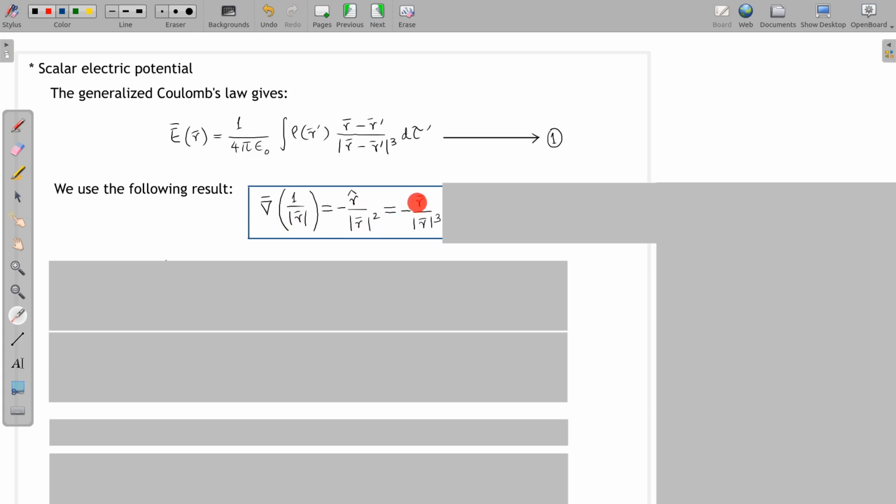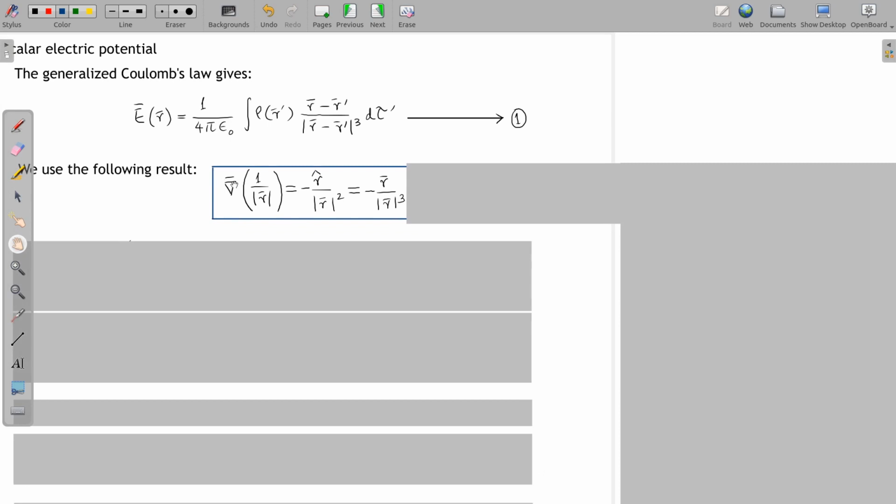Of course, this can be written in this way, because the unit vector can be written as the vector r divided by modulus r. That gives us a vector r in the numerator and one more modulus r, which we can absorb and write as modulus r cubed.